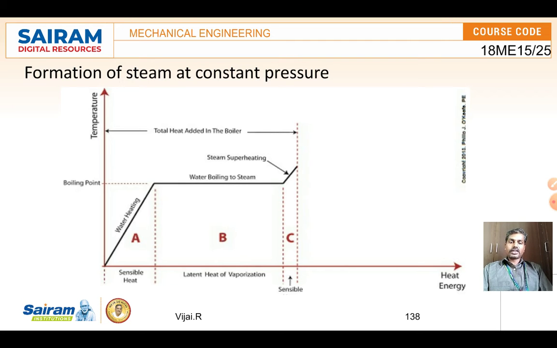The amount of heat required for heating from 0 degrees Celsius to 100 degrees Celsius we take as sensible heat, which is marked as A. From the boiling point, I again add heat, and now the phase changes: the water at 100 degrees converts into steam, little by little, and the entire water becomes steam at point C. The heat added for the conversion of water into steam we call the latent heat of vaporization.